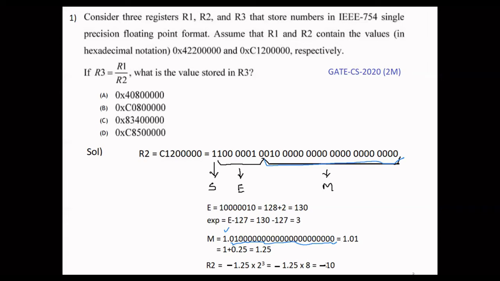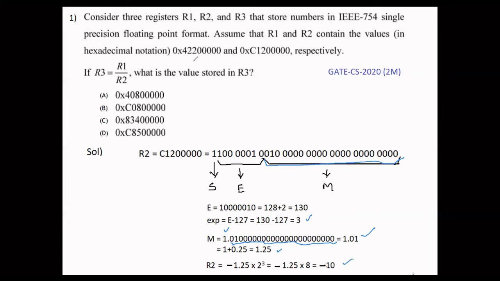Up to the last 1 we consider 1.01, and converted into decimal equivalent that is 1.25. Now following scientific notation, R2 equals m into 2 power exponent, that is minus 1.25 into 2 power 3. The exponent is 3, which we got already. So minus 1.25 into 2 power 3, which is 8, equals minus 10.